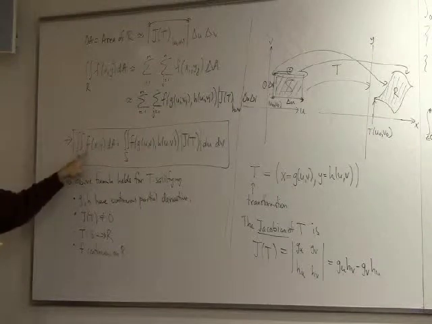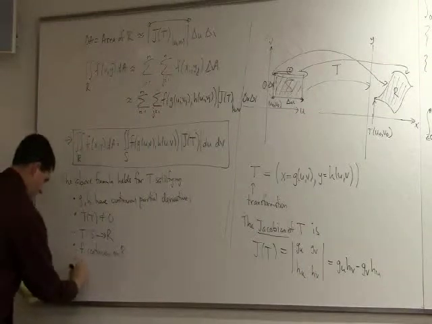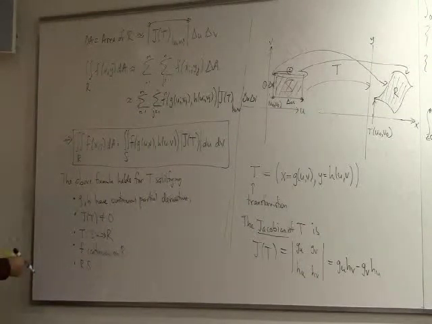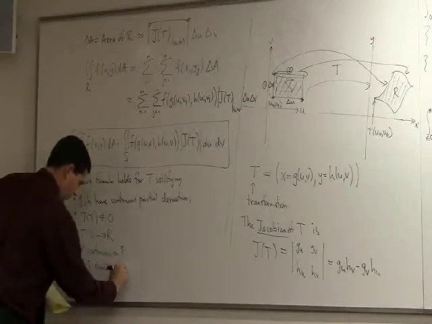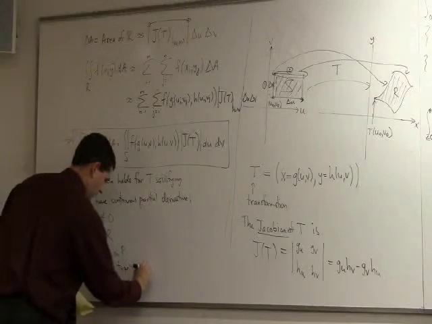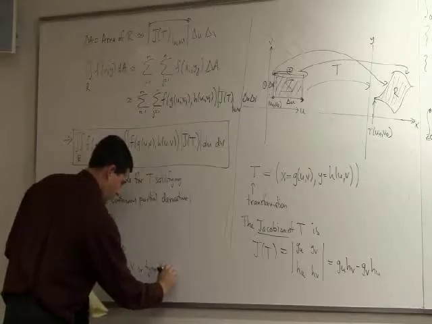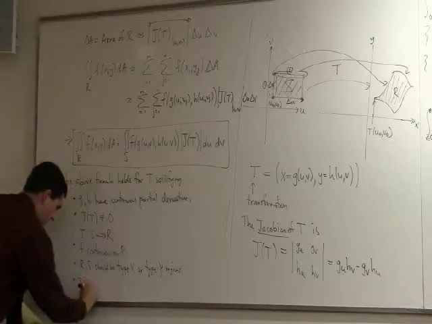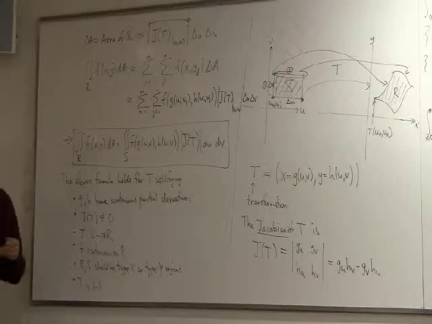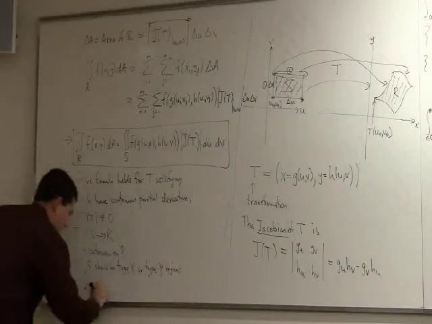Remember, if the function is continuous, then the double integral exists. And this is one you have to think about a little more: R and S should be type X or type Y regions. And the last thing is that this T should be a one-to-one function. That means it's not going to take two different points and send them to the same point, except possibly on the boundary.